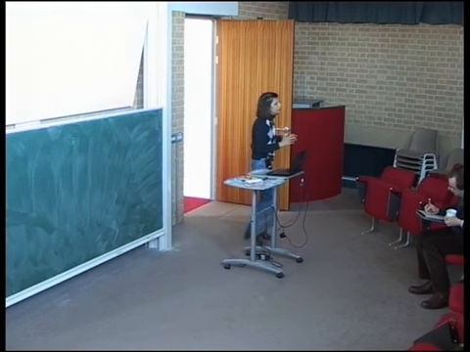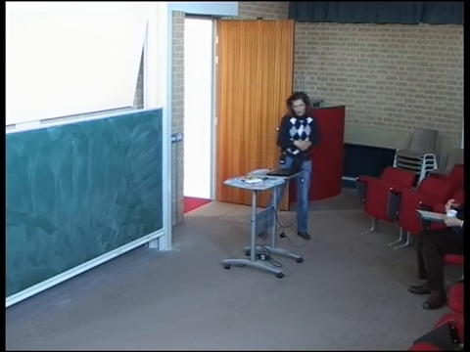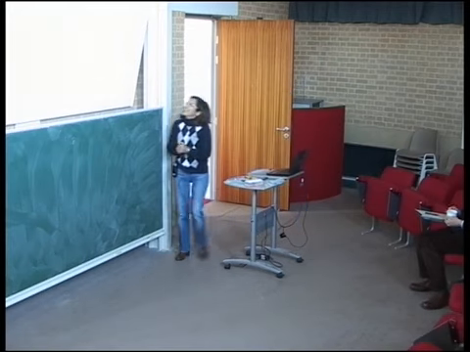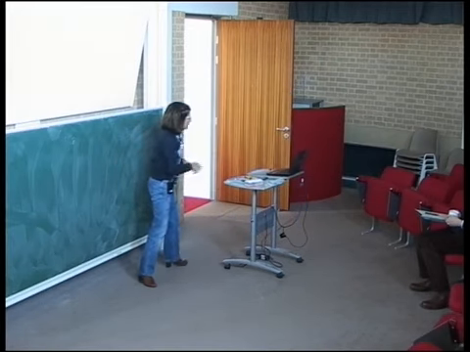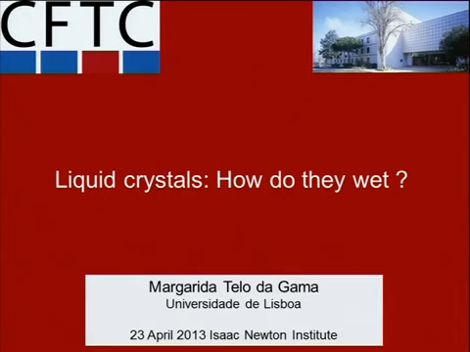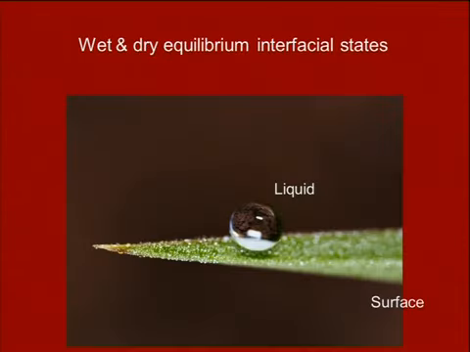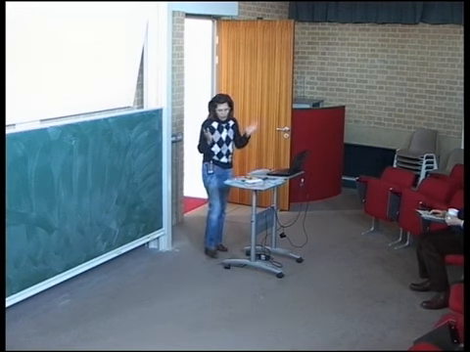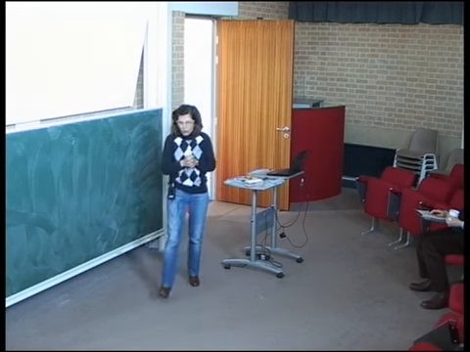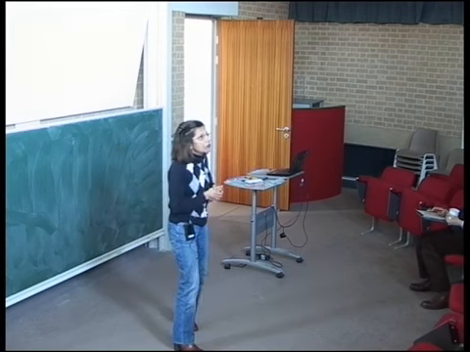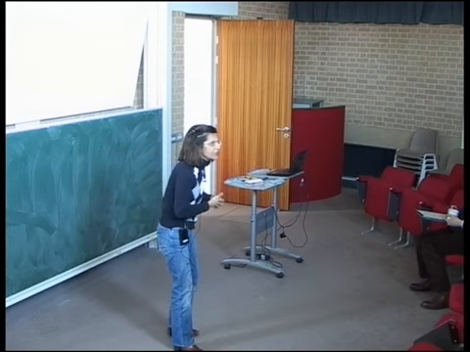I thought I would give you a fairly general introduction of what I mean by wetting and so on, but I'll try to go quickly, otherwise I won't get to the part which is sort of new. The first thing is that I'm going to talk about wet and dry states in the sense of equilibrium thermodynamic states. You've probably heard and even studied problems where a fluid, a liquid generally, wets a surface.